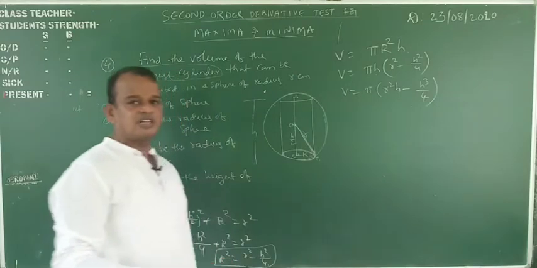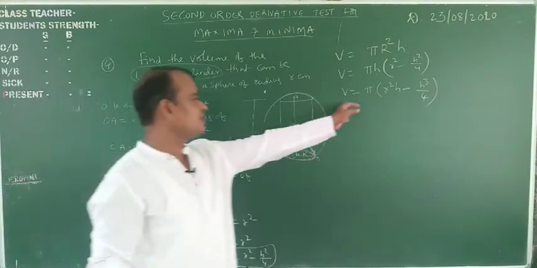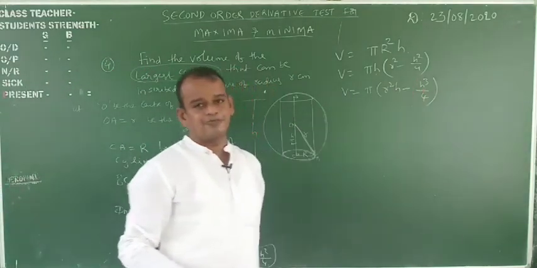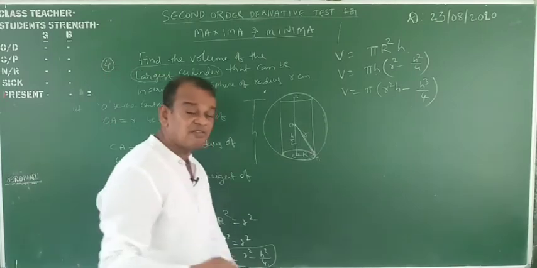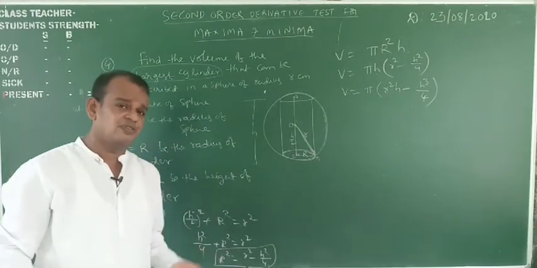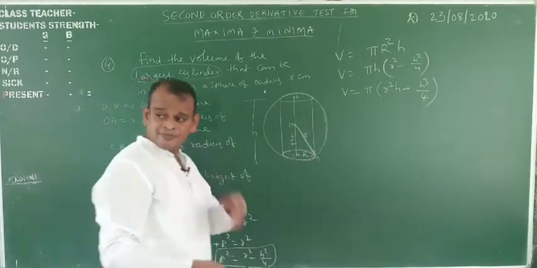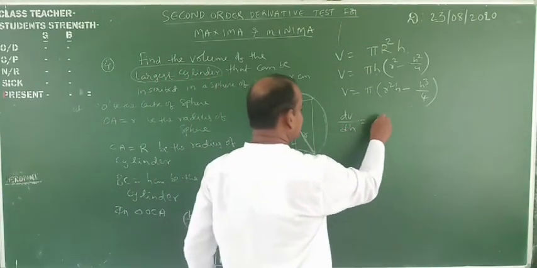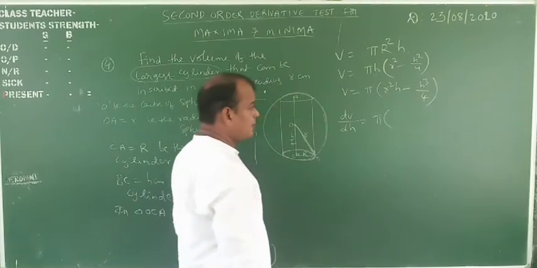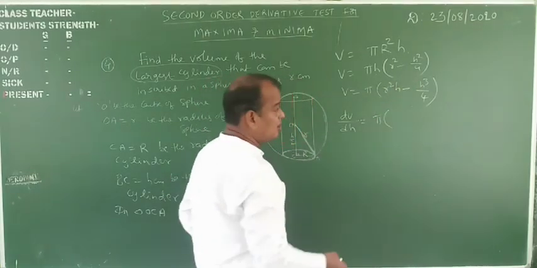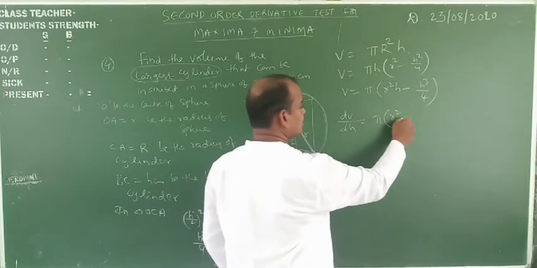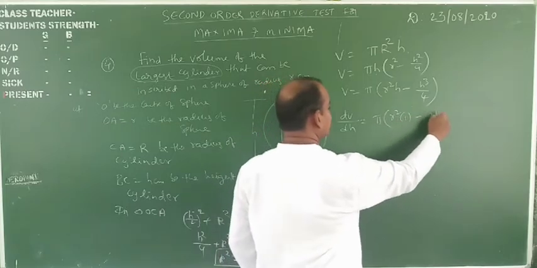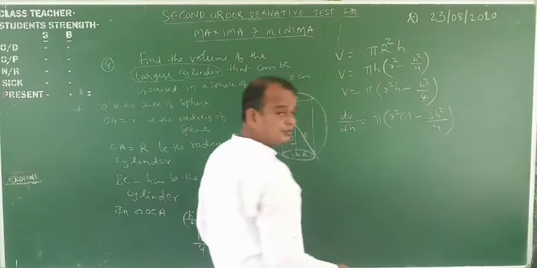Now differentiating with respect to h. Here the function depends only on h. The h derivative is 1, the h square derivative is 2h. Now dV/dh is equal to pi into (R² into 1 minus 3h²/4).